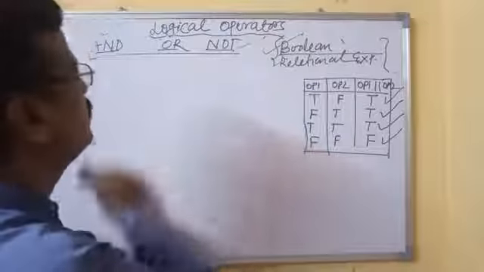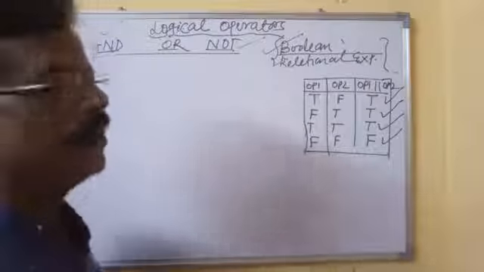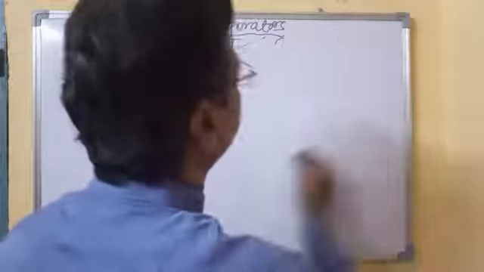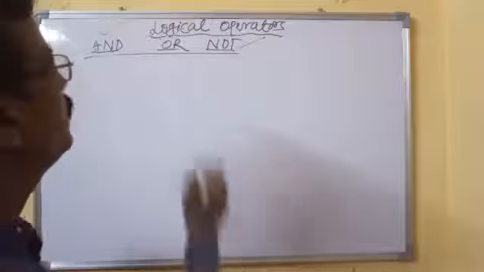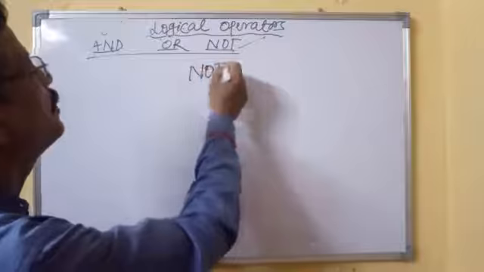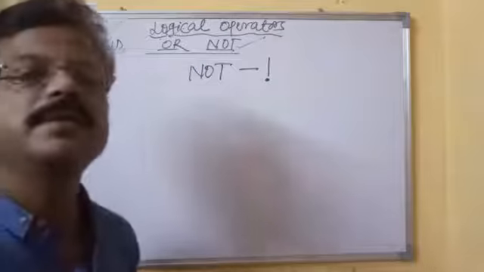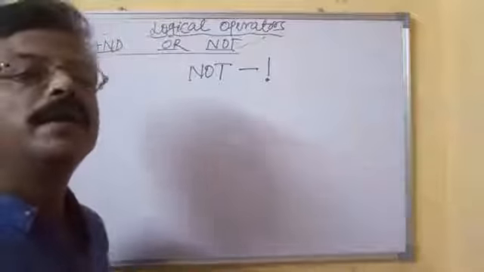The next operator is the NOT operator. NOT is a unary operator. Remember, it is applied in the format of prefix notation. The NOT operator symbol is the exclamation symbol. This exclamation symbol represents the NOT operator, and it is a unary operator.